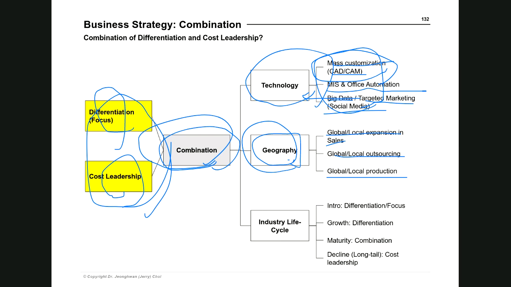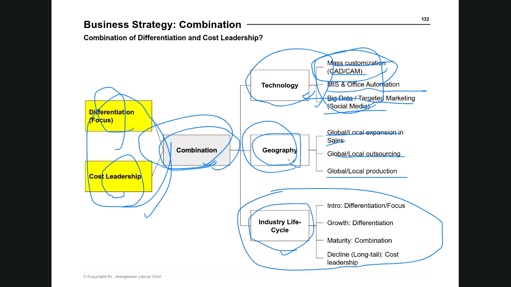Okay, good. And the third one is the industry or product life cycle approach. This is somewhat subtle, so maybe I'd better introduce it shortly. Long story short, the industry or product life cycle approach can give us a chance to maximize our competitive advantage according to the season.